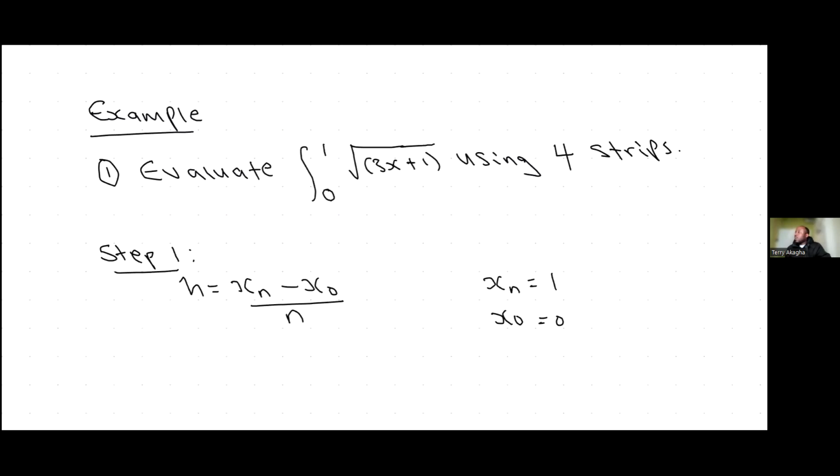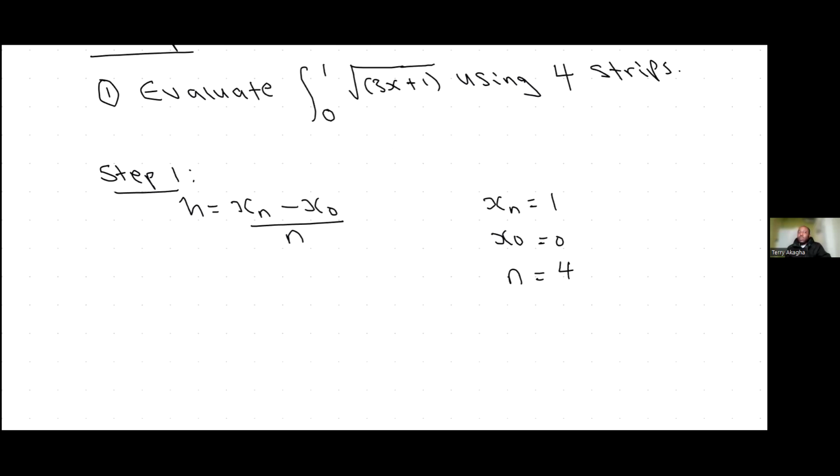The number of strips we're given here is 4. So we'll apply it here: h is equal to 1 minus 0 divided by 4, and this gives us 0.25. Therefore, the value of h that we are looking for is 0.25.